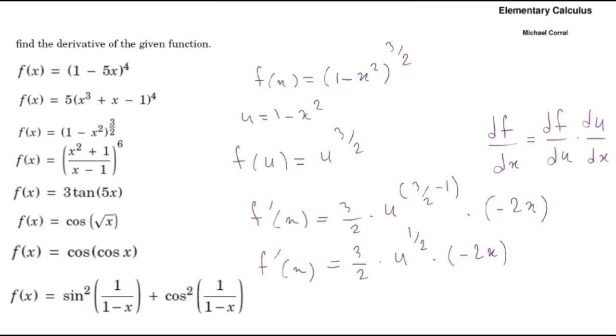So f prime of x equals 3 over 2 times (1 minus x squared) to the 1 over 2 times negative 2x, and the final result is negative 3x times the root of 1 minus x squared.